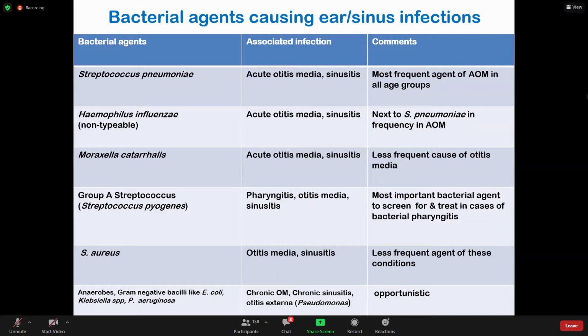And the reason is because, like I said, there must have been some form of intervention that resulted in infection. Now, other agents such as anaerobes and gram-negative bacilli such as E. coli, Klebsiella, and Pseudomonas can result in chronic otitis media, chronic sinusitis, and with Pseudomonas, you can also have otitis externa, the diffuse type. These are usually regarded as opportunistic agents when they cause infections.